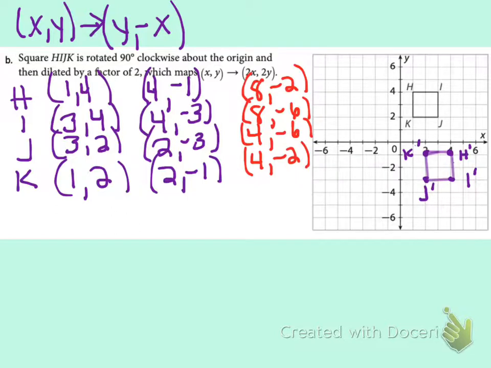So let's see, 8, -2 is not going to fit on my graph here. It's going to go off the screen there. So we'll try to do which ones we can. 4, -6, so there's 4, -6, and 4, -2, which is right here.